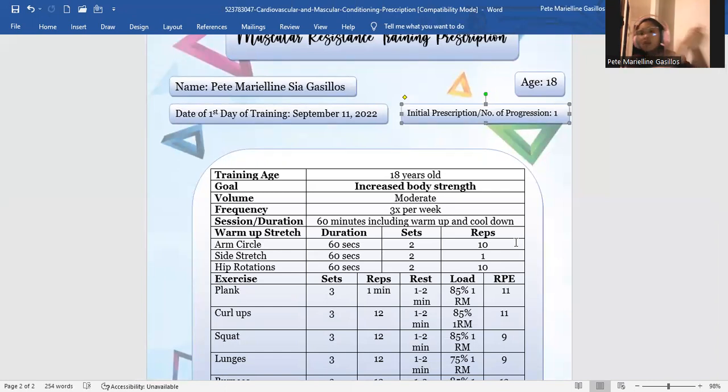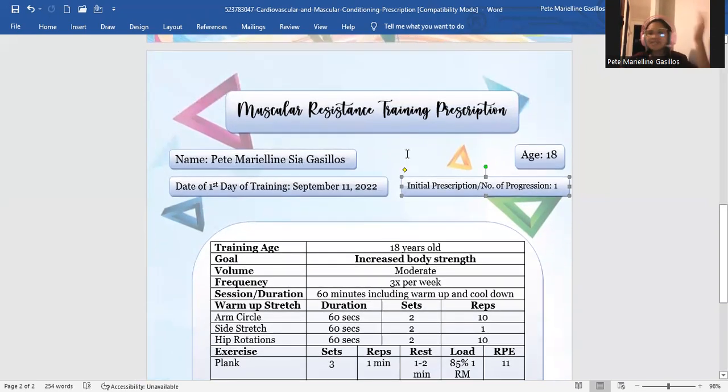My goal for this muscular resistance training prescription is to increase my body strength. Look at me, I don't have strength in my body because all day I am holding my phone, watching it, scrolling through social media.